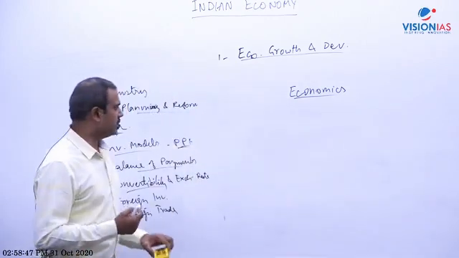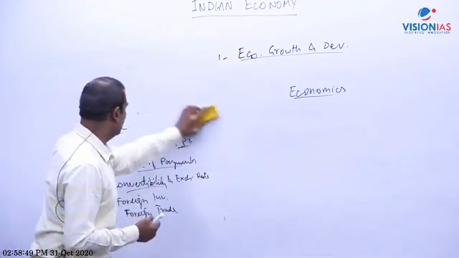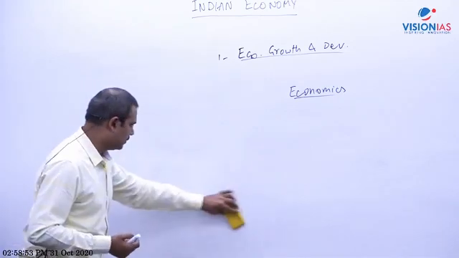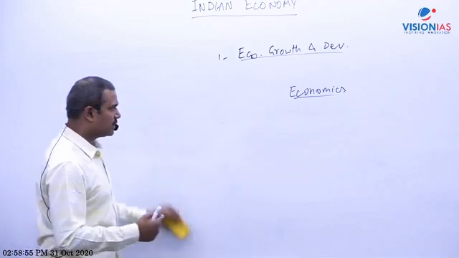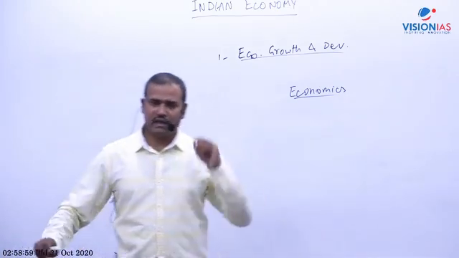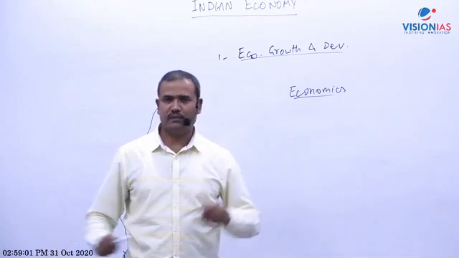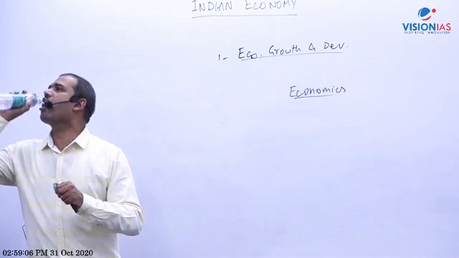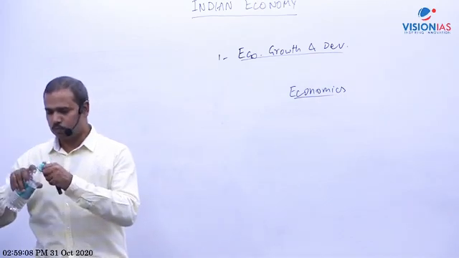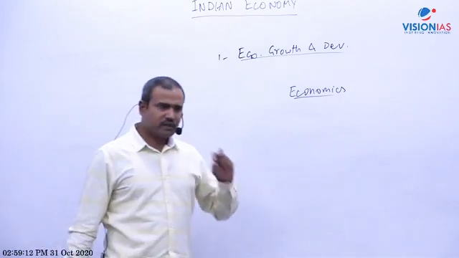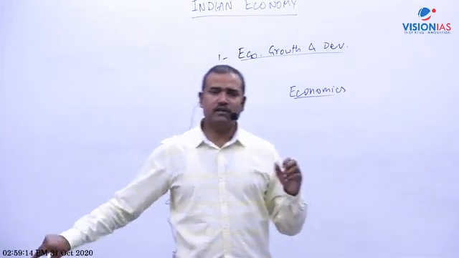To mention that it is the study of production, distribution and consumption of goods and services in a society. Production, distribution and consumption of goods and services in a society.